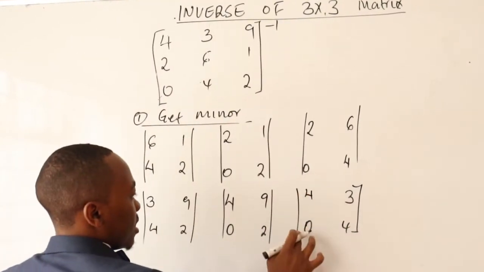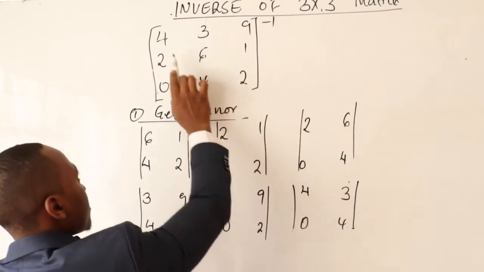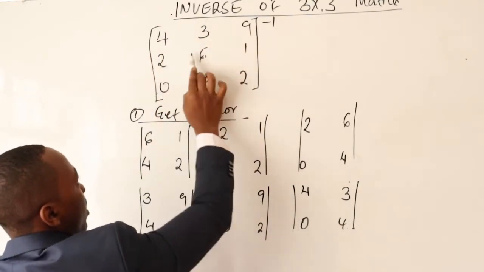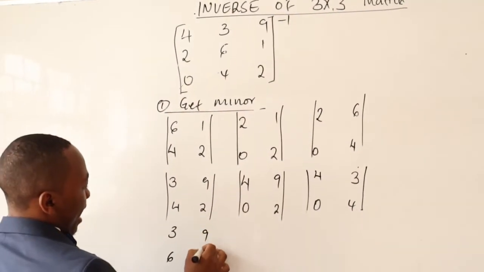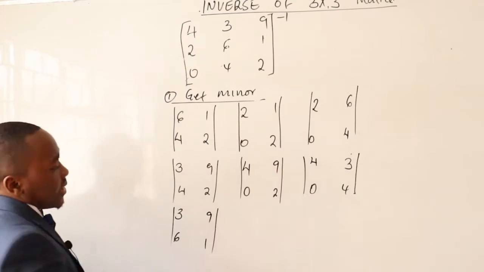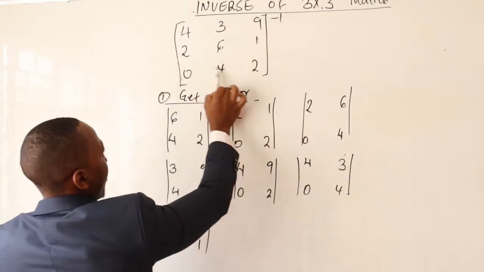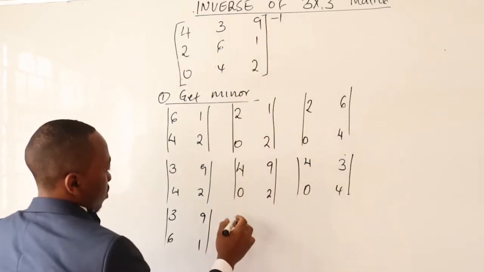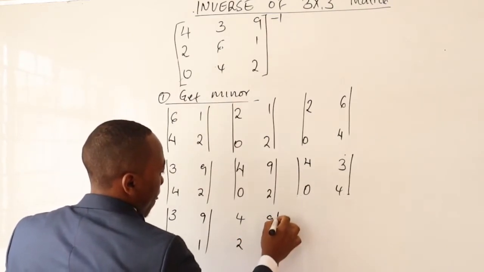And then we go to the third row. Third row, first column: the untouched number you have is 3691. Then third row, second column: you have 4291.